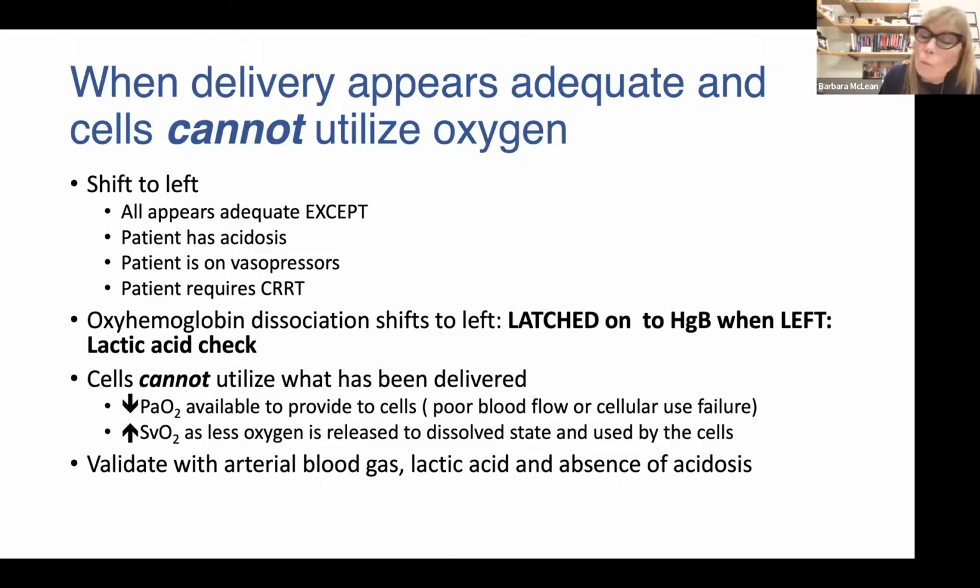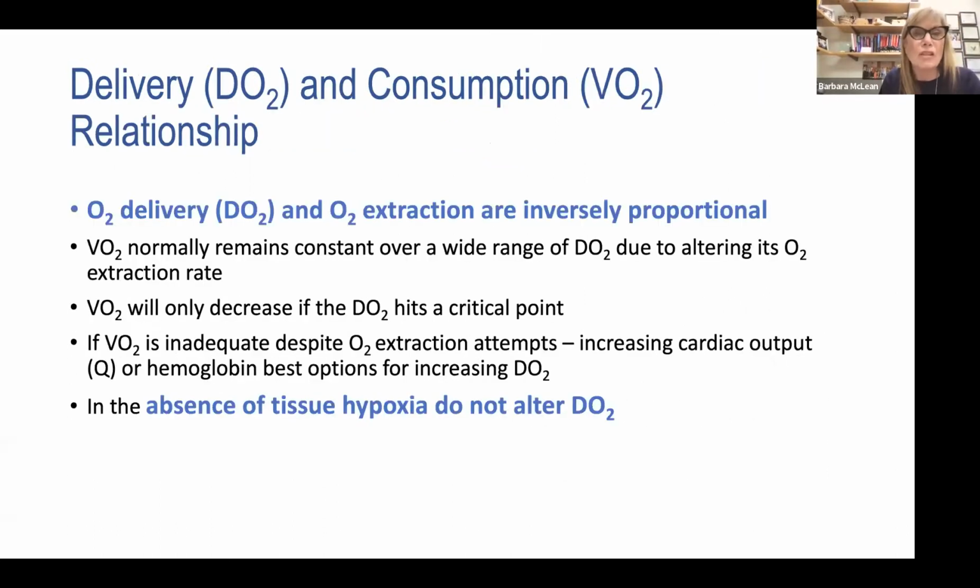By the way, whenever you have metabolic acidosis, your SvO2 should be low. That's the normal range of compensation. If the cells are acidotic, your SvO2 should be low. If you're acidotic and your SvO2 is normal, something is really wrong, and that's typically a microcirculatory deficit.